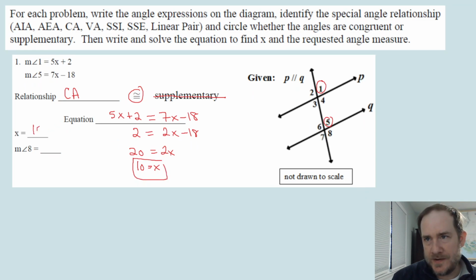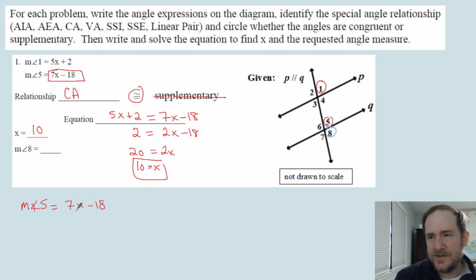So x is 10, but how do you find angle 8? Well, look in here, angle 8, we can see that 5 and 8 are a linear pair. So you might want to do this problem in 2 steps. You'll find the measure of angle 5 first, because 5 is given to be the 7x minus 18. So now you can take the 10 that we figured out x was and plug that in for x.